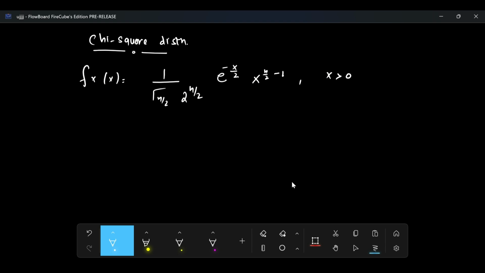and we saw that if x1 follows normal 0 comma 1, then x1 square will follow chi-square 1. Clear?